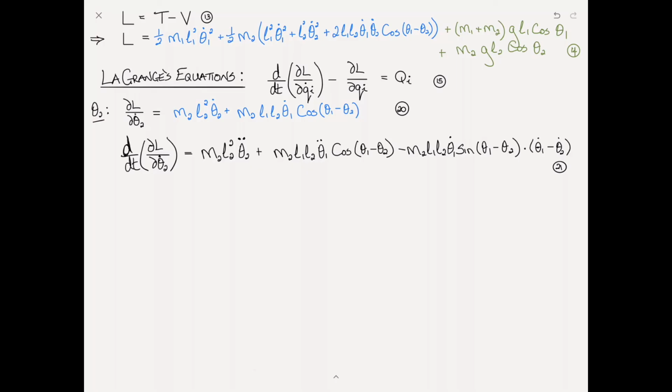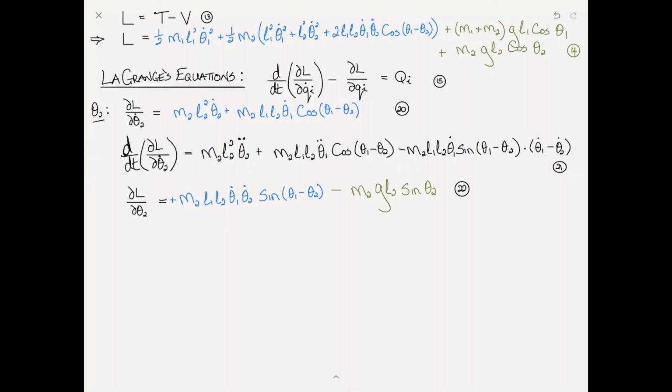Taking the time derivative of that then yields this equation. And then finally taking the derivative of the Lagrangian with respect to theta 2, the coordinate itself, yields equation 22. Again, I've preserved the blue and the green parts, the kinetic and potential energy parts, so you can see where it comes from.